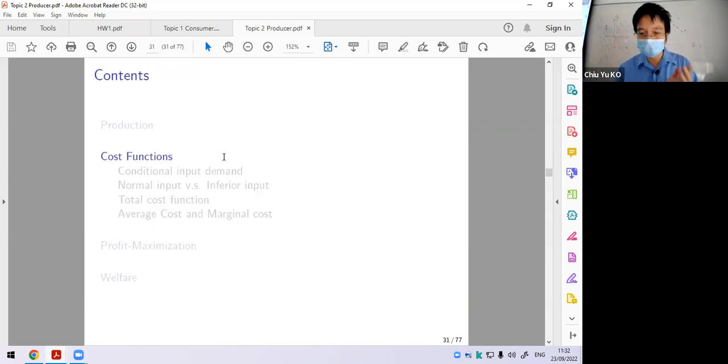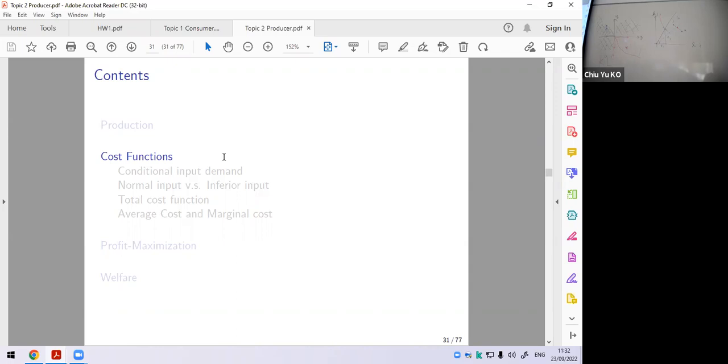So I hope you're okay with the production. Production is nothing we didn't just cover last hour, just saying that we have a function that we usually assume is concave, and we end up with a convex isoquant. So what's going on next, probably we'll finish, is what we call the cost minimization problem.